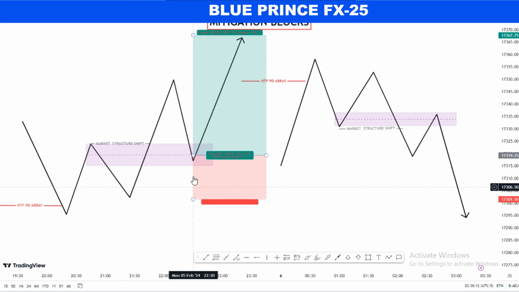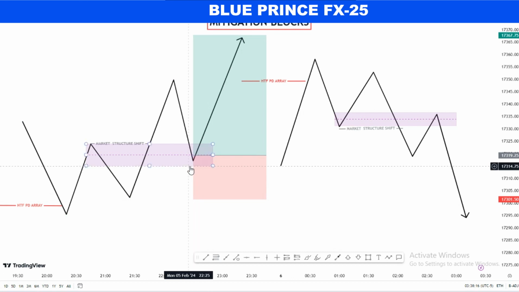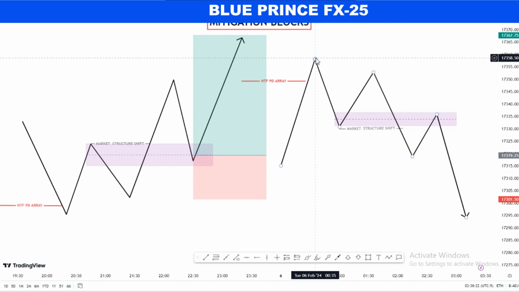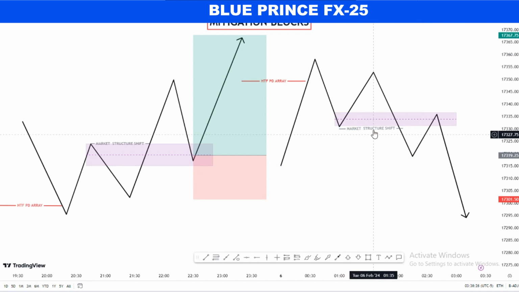But if you're confident that the market is going to go up, you can put your stop loss just below this mitigation block. So for a bearish example, the market makes a high, a low, a lower high, then breaks structure to the downside. We have a market structure shift to the downside. Then the last down candle here before this move becomes our mitigation block, right?